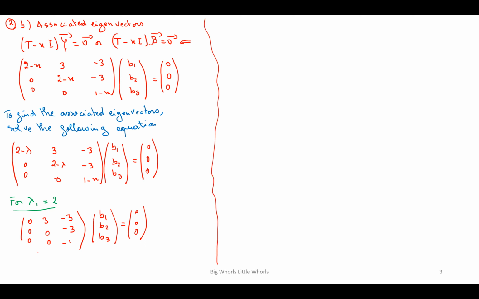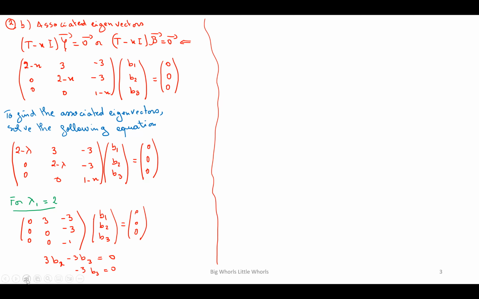Okay, so we have here 3 times b1, b2 minus 3 times b3 equals to 0. And for the second row, we have minus 3 b3 equals to 0. And for the third row, we have minus.